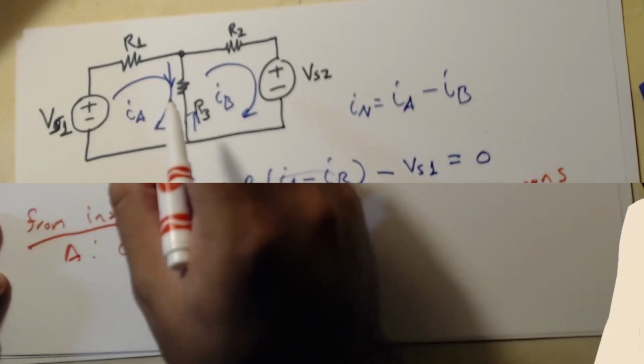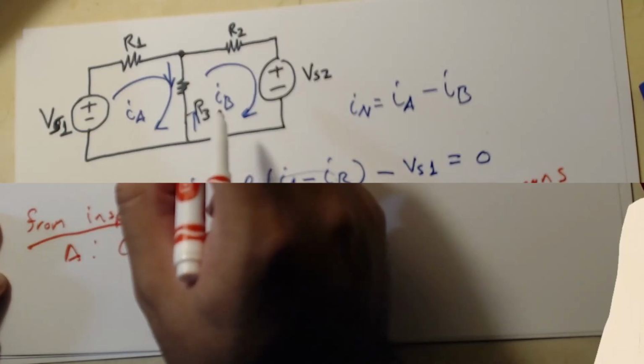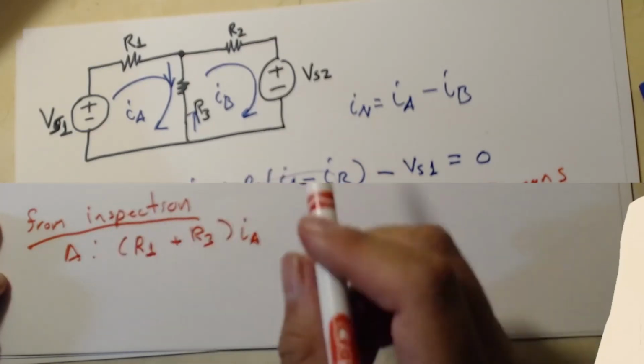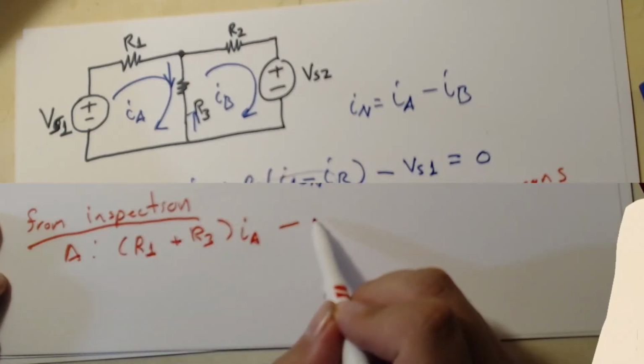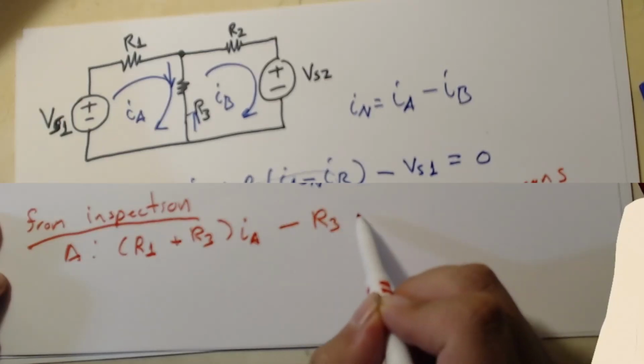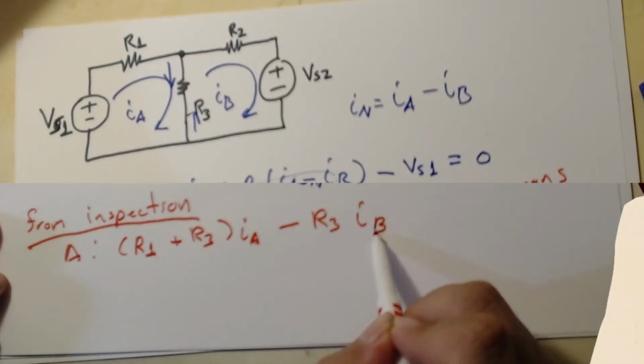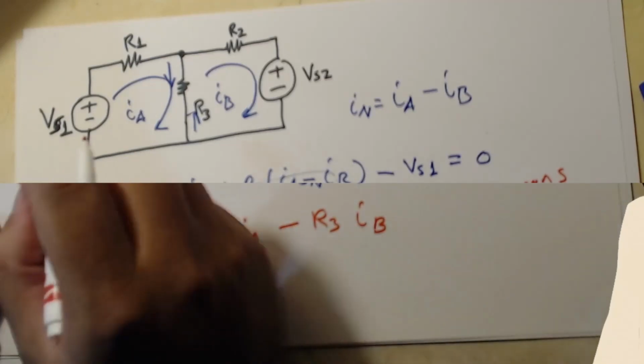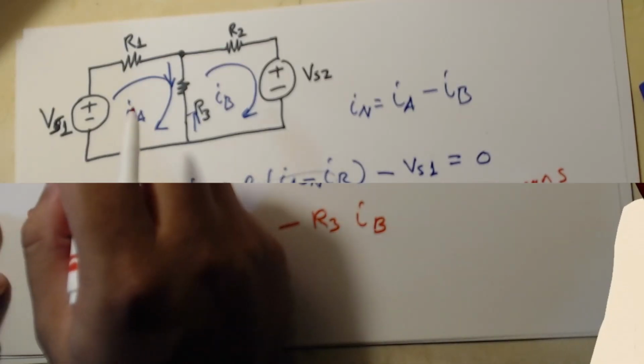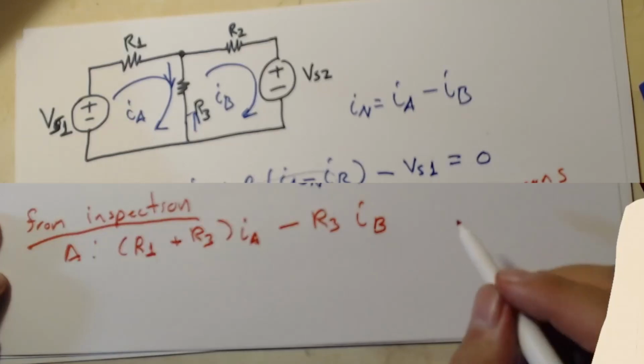Now resistor 3 is shared with mesh B, so we write minus resistor 3 and IB. And don't forget, the mesh current is going into VS1, so we have to minus VS1.